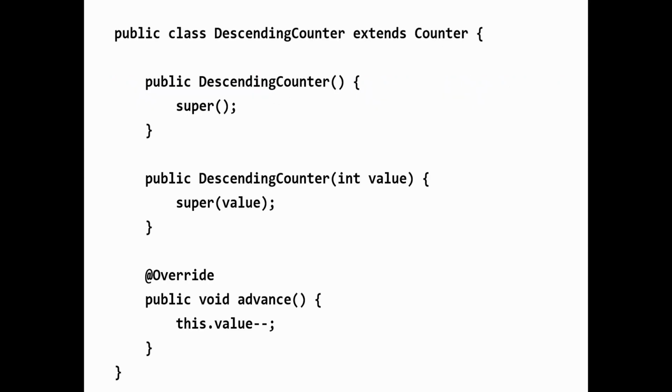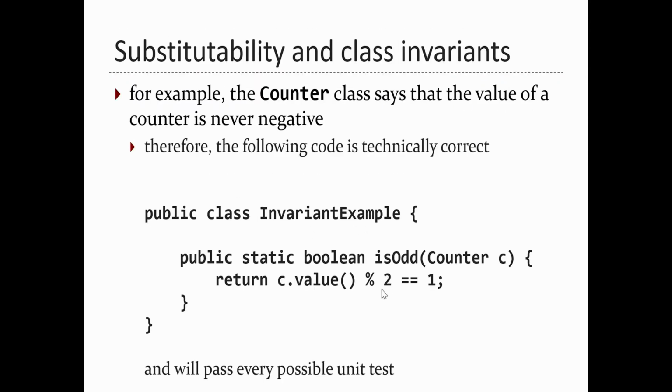And that should bother you, because this method broke just because someone went and made another class. They just subclassed counter and made their own class, and you can't possibly know about every subclass that a counter can have. Suddenly this breaks.